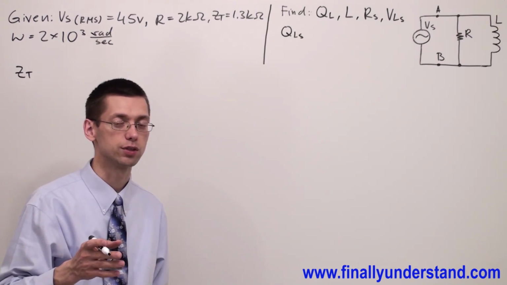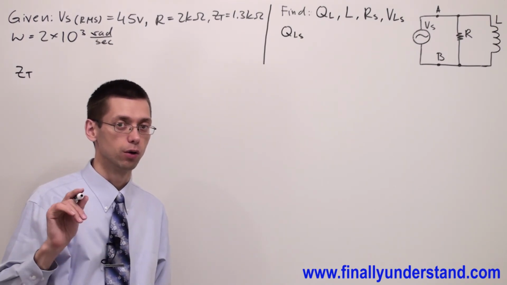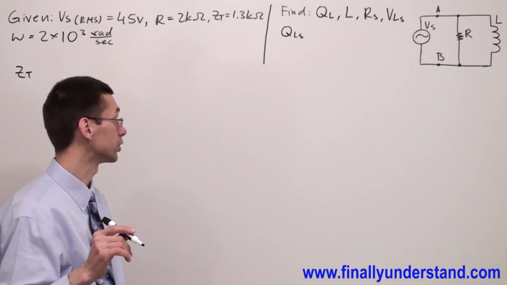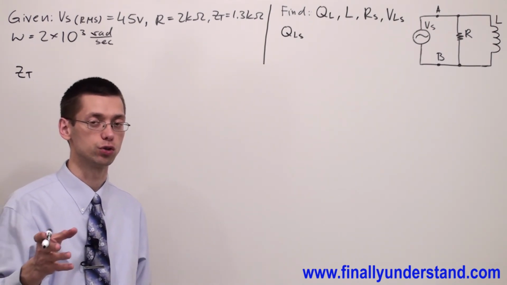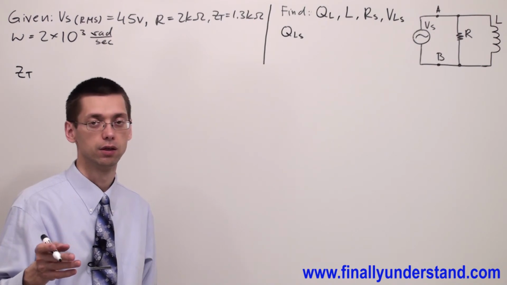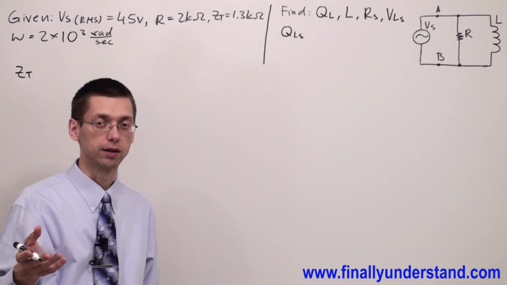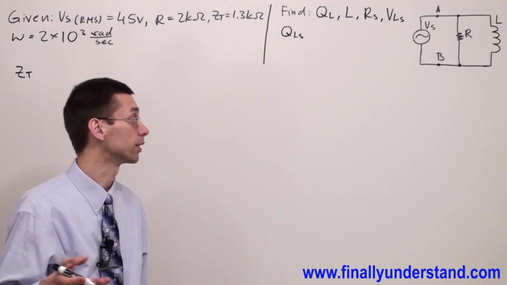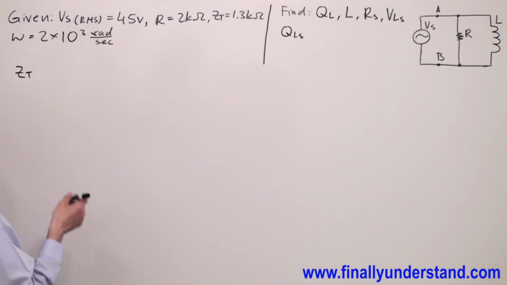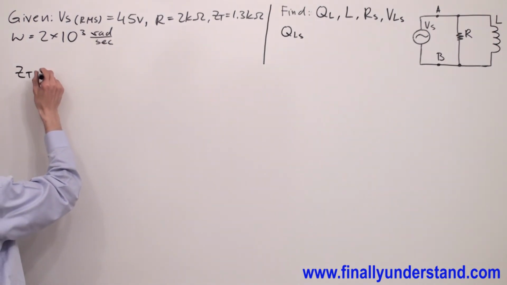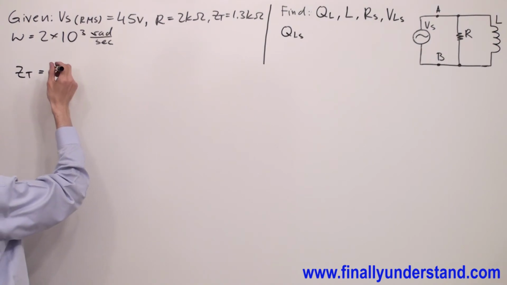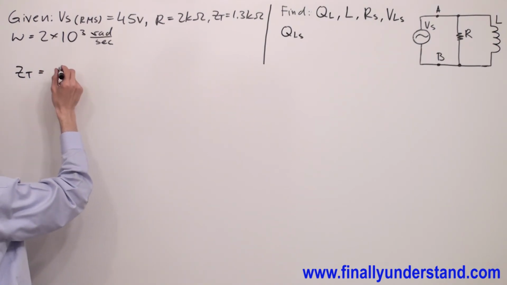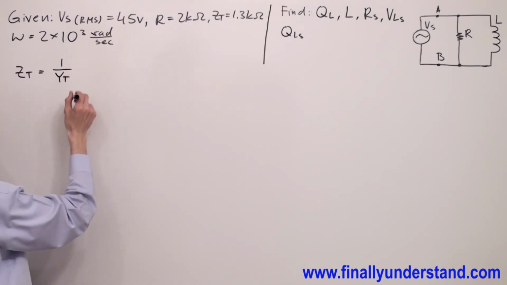We found the angle which is next to Y total. Of course, someone is going to say the angle next to Z total is nothing else, just the same angle which we have next to Y total, but with opposite sign, okay? It's okay, but let's practice the formula that Z total is equal to 1 over Y total.